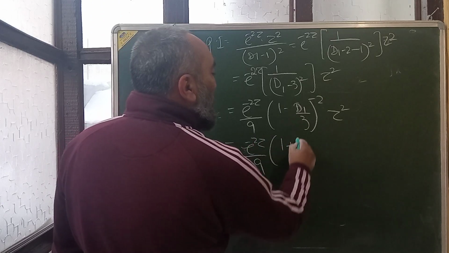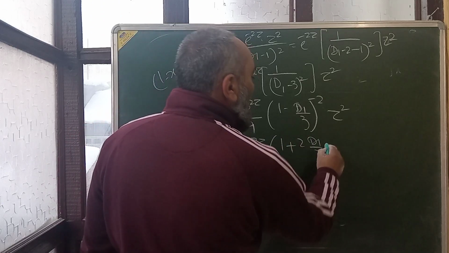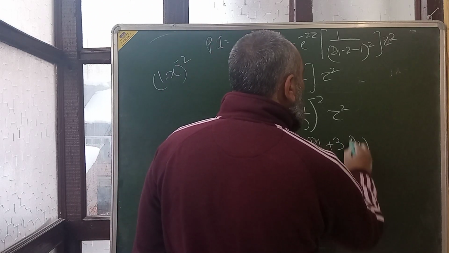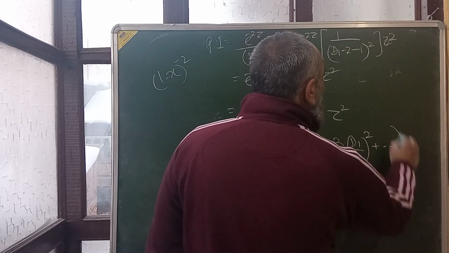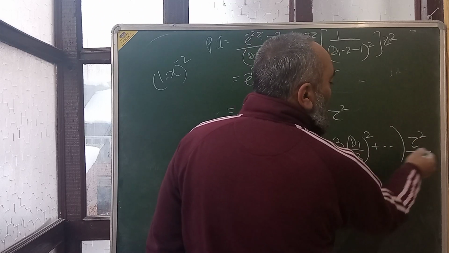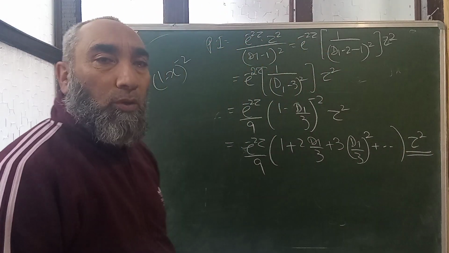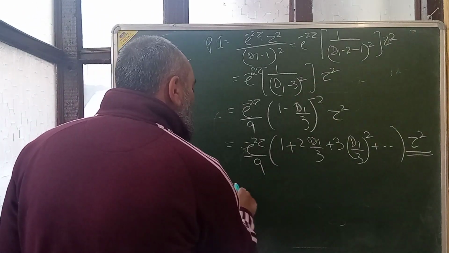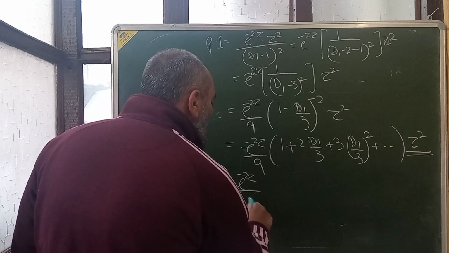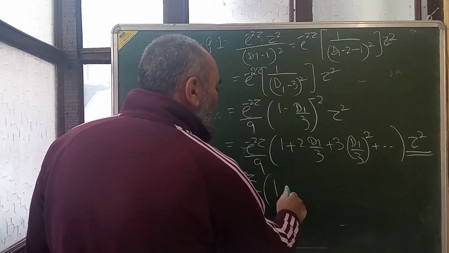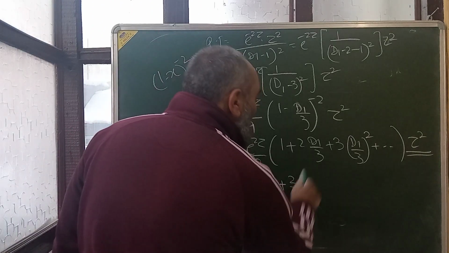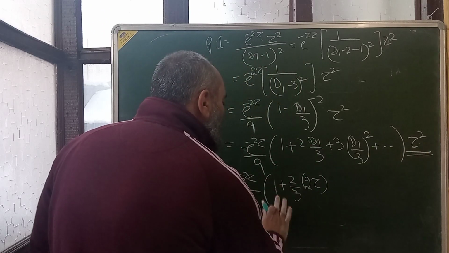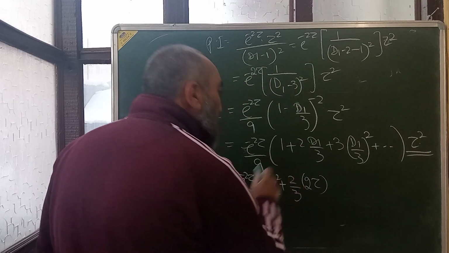This is 1 + 2D₁/3 + 3(D₁/3)² + and so on, operating on z². You can differentiate only up to D₁², not beyond that. So this is e^(−2z)/9 times (1 + 2/3 · differentiation of z², which is 2z, and this is z² over here, 1 into this).